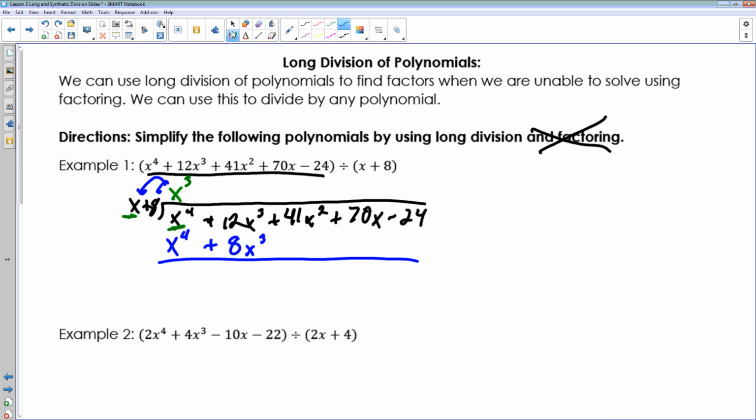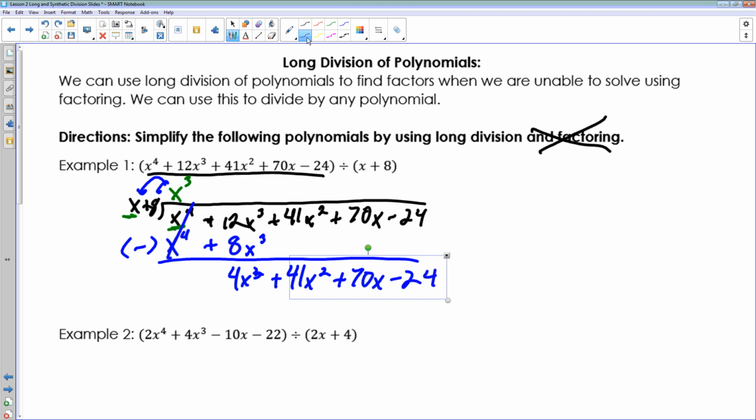So we are actually subtracting here. x to the fourth minus x to the fourth is 0. And then we have 12x cubed minus 8x cubed, and that's going to get us 4x cubed. And then the process starts all over again. So we bring down the plus 41x squared, the plus 70x, and the minus 24, and we repeat the process.